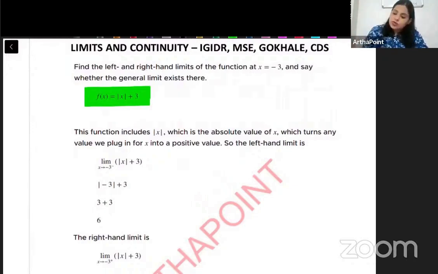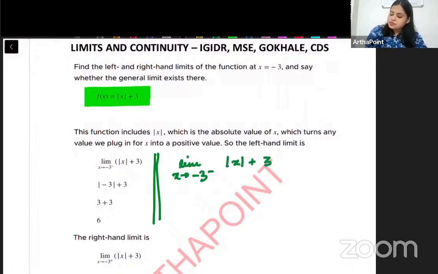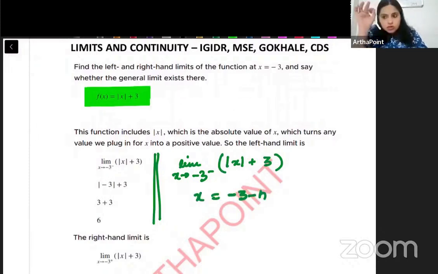Now another way to go about doing this is, when you say limit x tends to -3 minus, it means that you have to take the value of x as anything less than -3. Very close to -3, but a little less than -3.